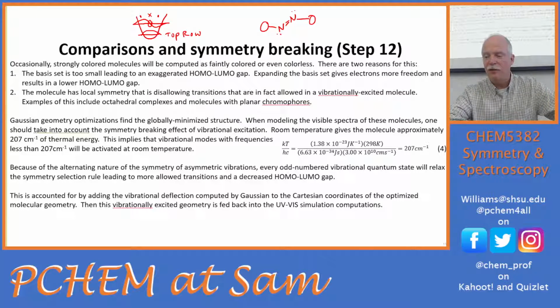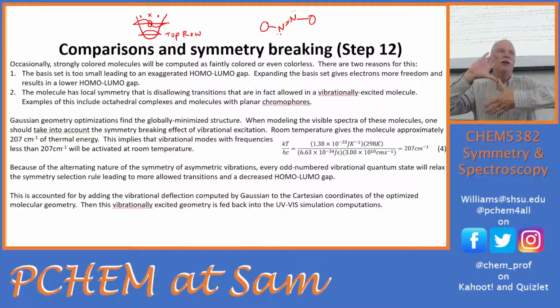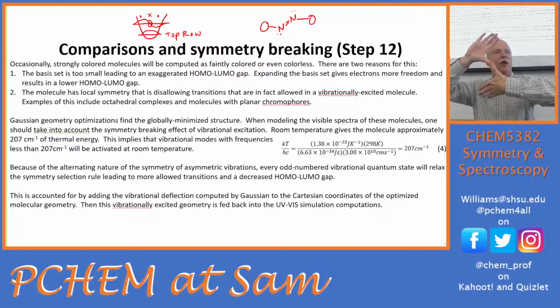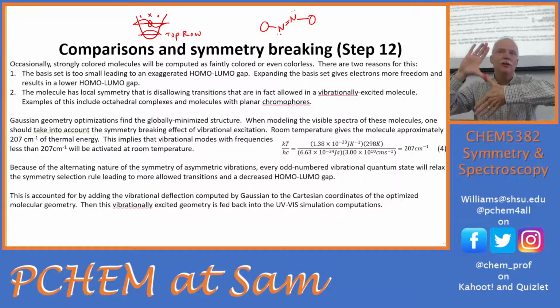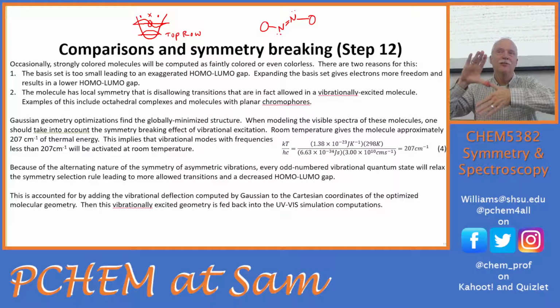So if I have this vibrational mode excited by one quantum only, 50 wave numbers, it's either this way or that way. It's not planar. The wave function goes through 0 at the planar structure. So that molecule in the first vibrational state is not planar.